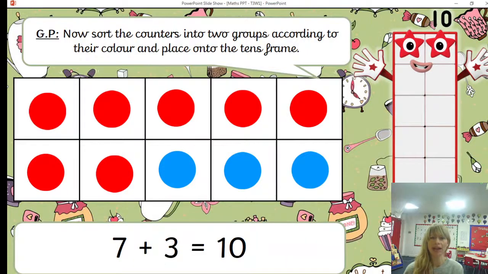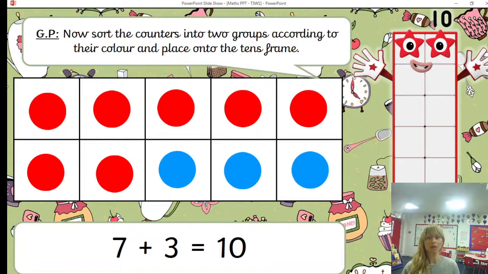And let's have a look at how we would write that in maths. So we have 7 red counters, so we write 7, add, and then we have 3 blue counters. So now we know that 7 add 3 is the same as 10. Say it with me. 7 add 3 is the same as 10.